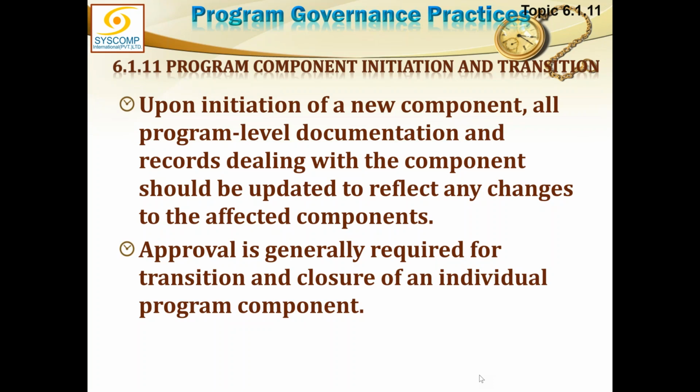And while running a component, the project manager will create a life cycle and define that life cycle to the program manager and get it approved. And after every phase of the project, the program manager, who is the project sponsor also, will actually be approving each phase and giving him a go or no go decision.